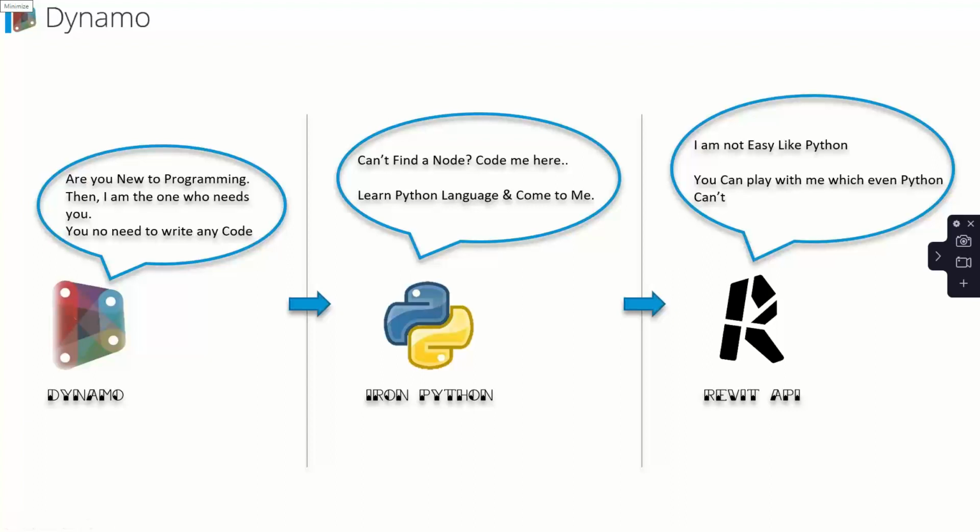Of course, if you don't have any programming background, you are supposed to learn at least 10% to 20% of the programming concepts, which I'll teach from a BIM person's perspective. If I'm a BIM person, then how do I teach you BIM? In the same way I'll teach you Dynamo and IronPython.